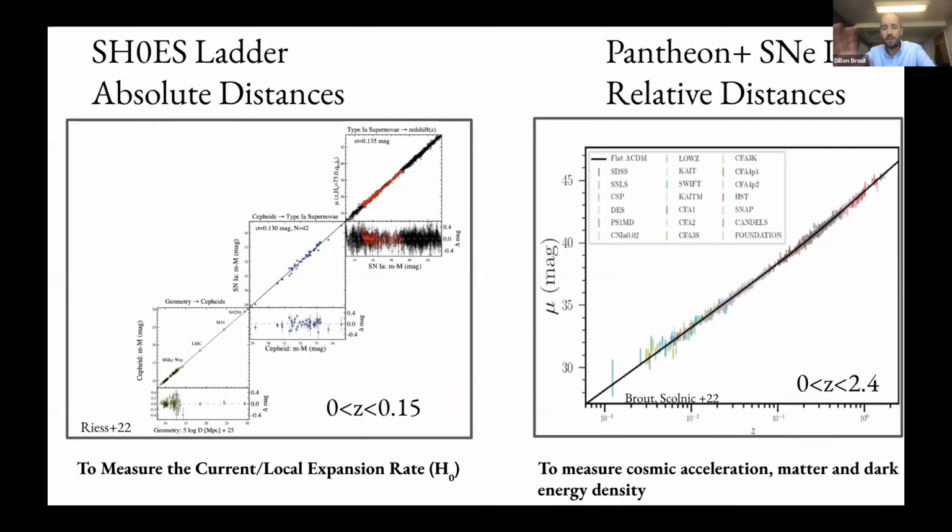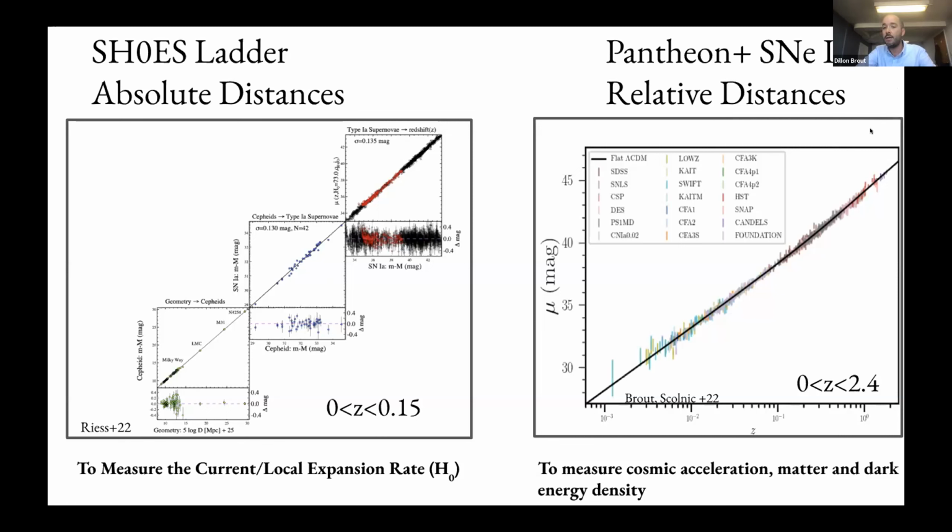In this first part, in this overview, we're going to be talking about two main cosmological measurements. On the left-hand side, I'm showing the SH0ES distance ladder, where the name of the game is to compute absolute distances in the nearby universe, so really only out to redshift 0.15.